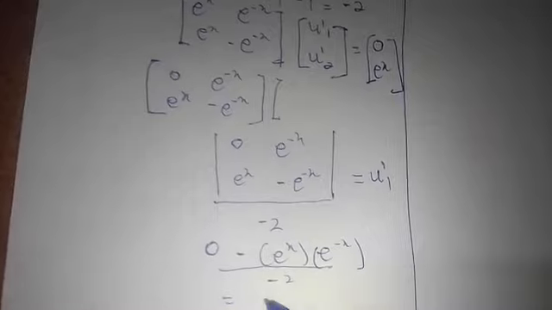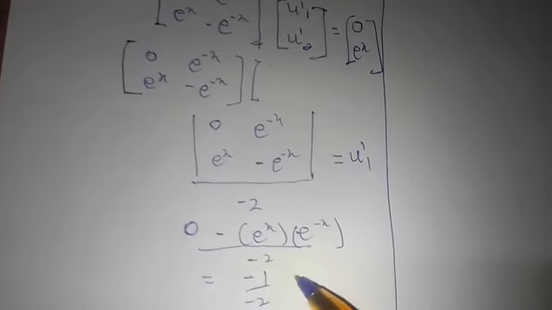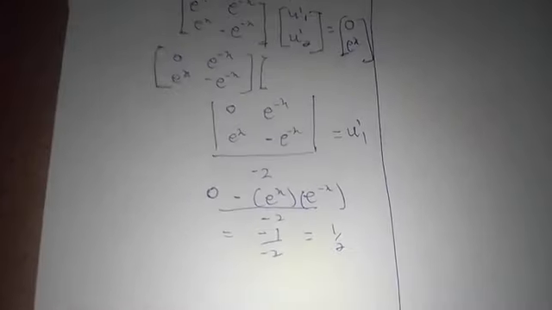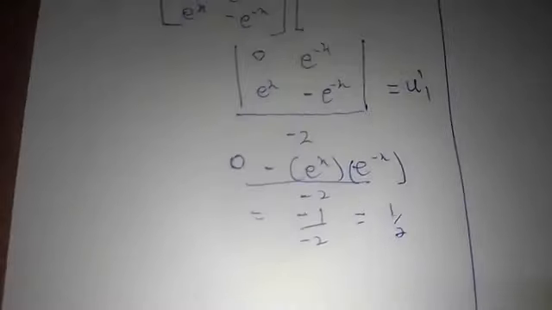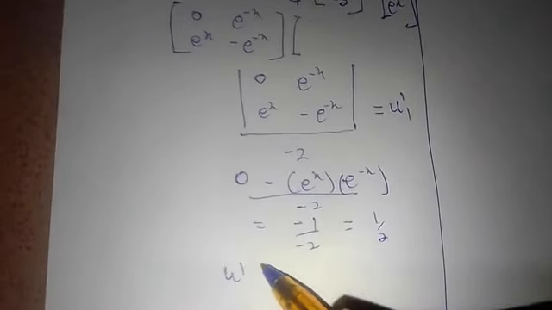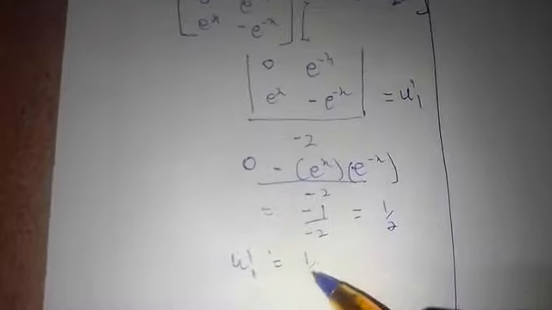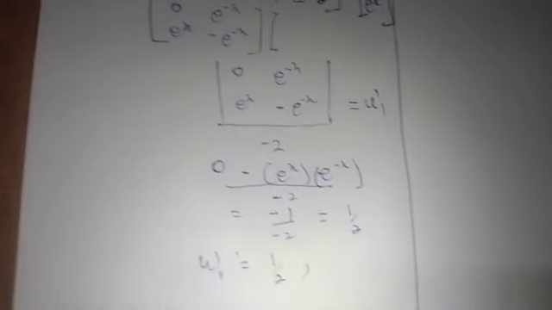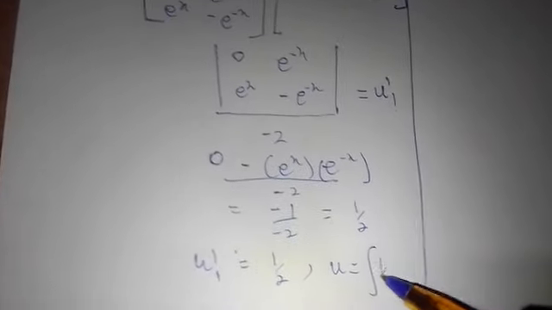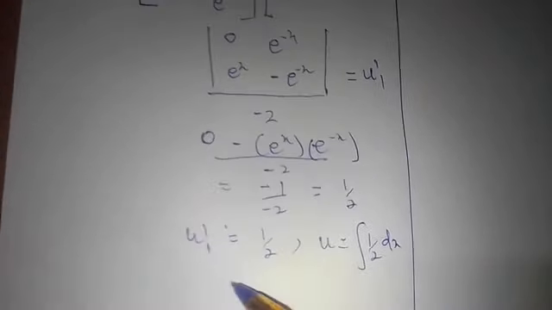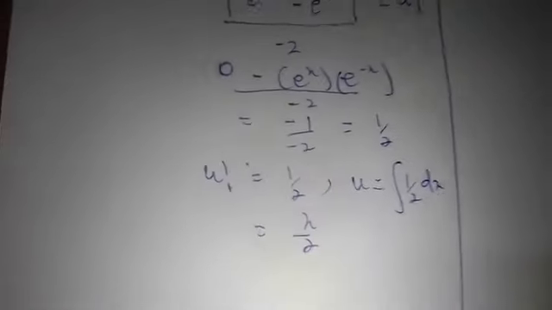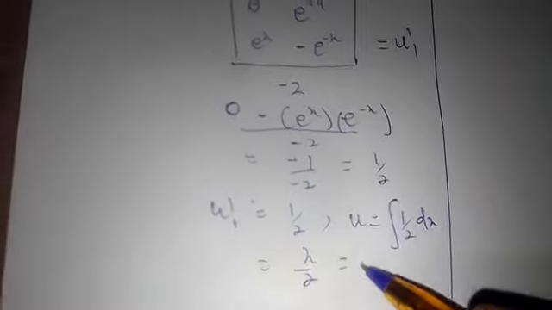So it will be negative 1 over negative 2, which is the same as 1 over 2, and that is u prime 1. Once I have u prime 1 equal to half, then my u1 will be equal to the integral of 1 over 2 dx, which is the same as x over 2. So I've got my u1.